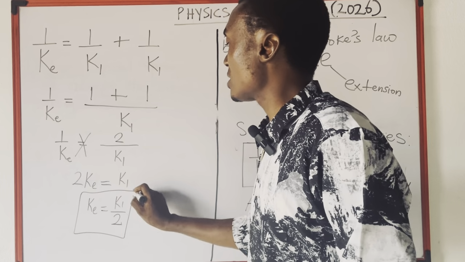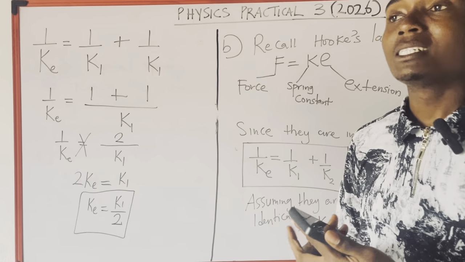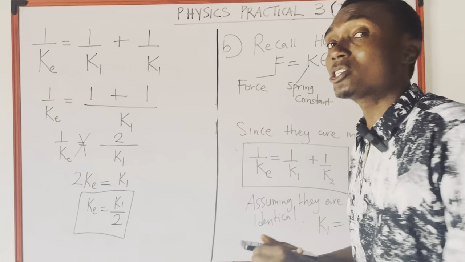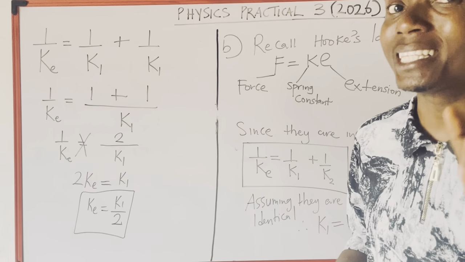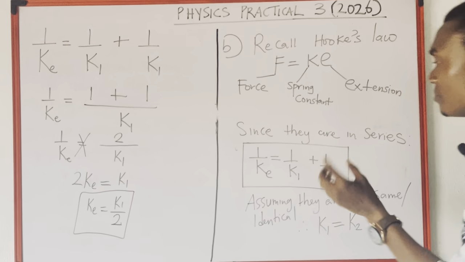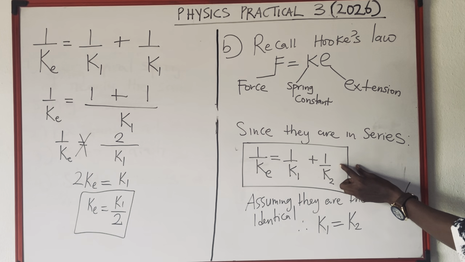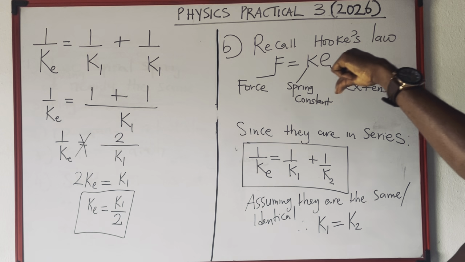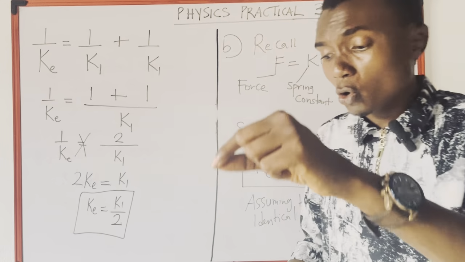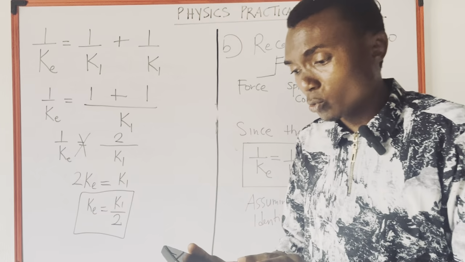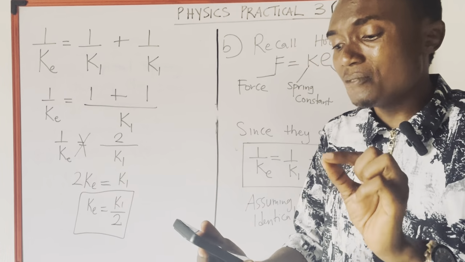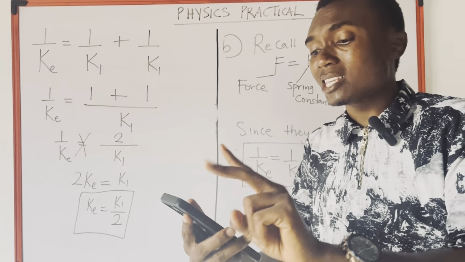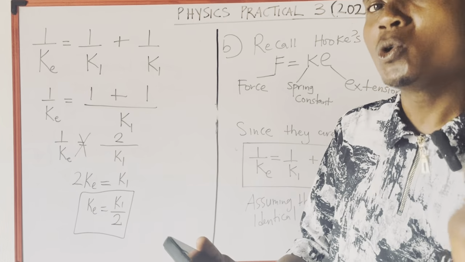And this is the spring constant when they are identical springs in series. Look at the question, they say compare to a single spring. How does the effective spring constant of two identical springs in series compare to a single spring?